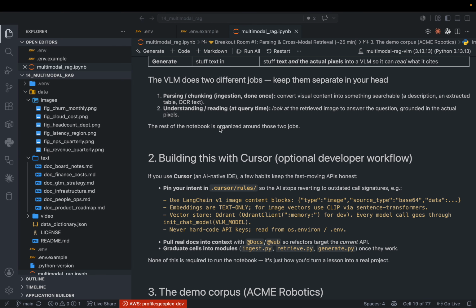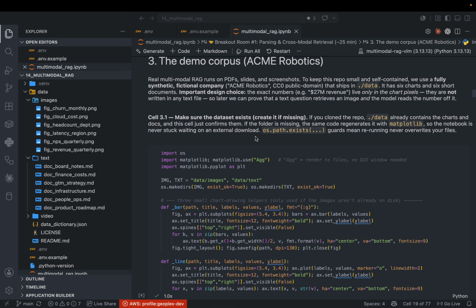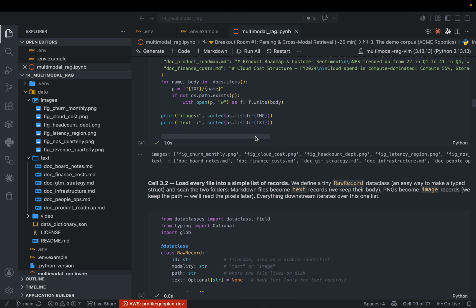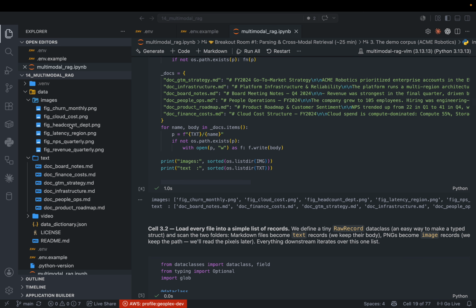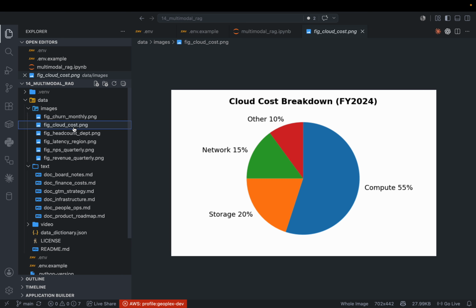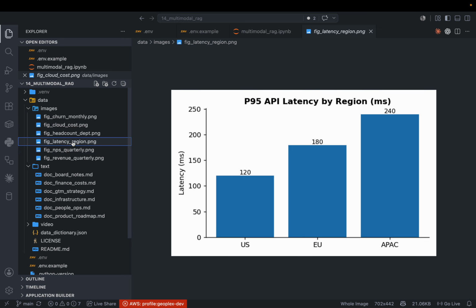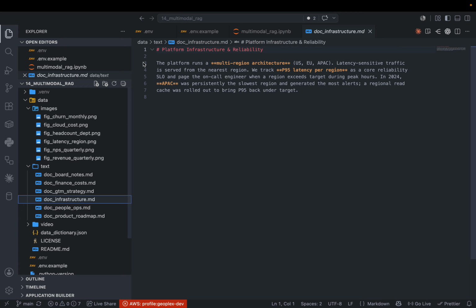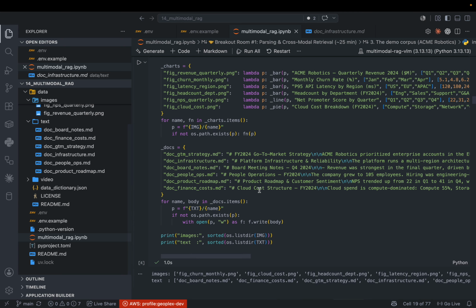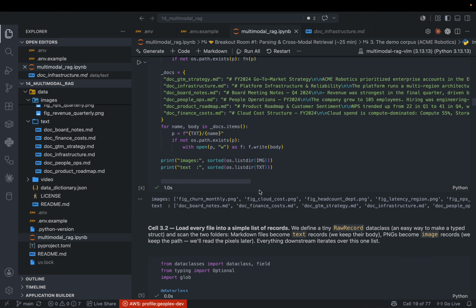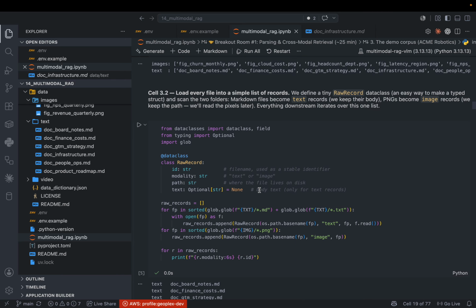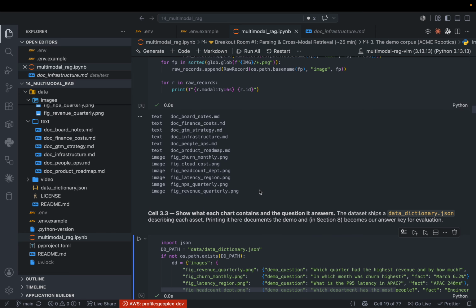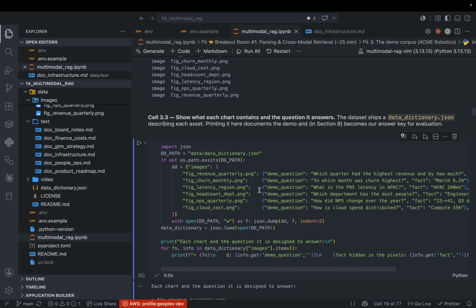Here we describe the VLM doing its two different jobs of parsing but also understanding at query time. We have our datasets here. We have images as well as text, and so we read those in. You can see that there.